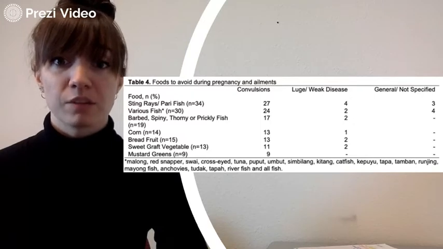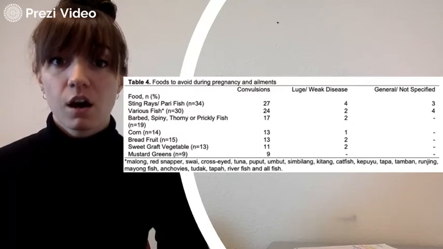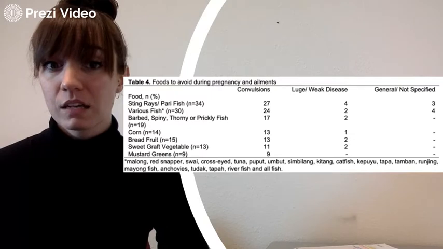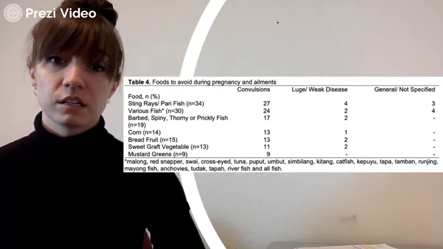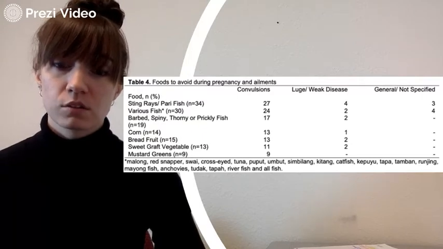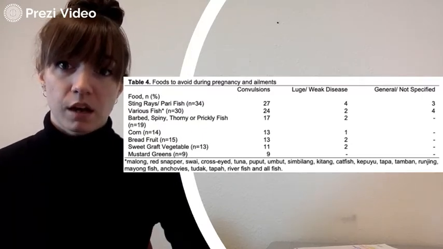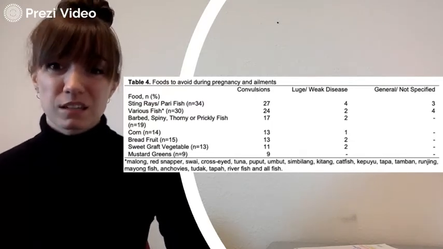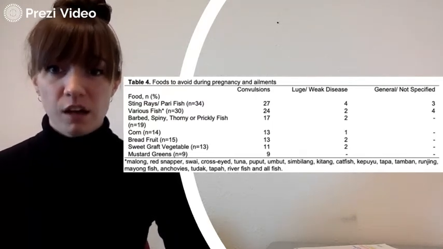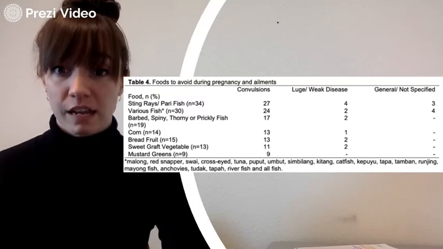So they mentioned convulsions in their kids, also "luge" or weak disease, and then general or not specified. What's interesting about this is the weak disease was also something they used to describe stunting. And so a lot of mothers didn't really see stunting as an issue. They weren't really sure of the causes, but they often called it a weak disease.